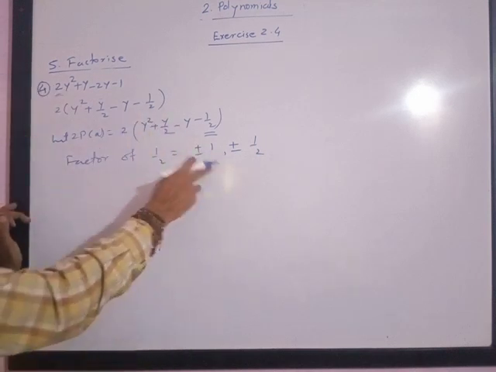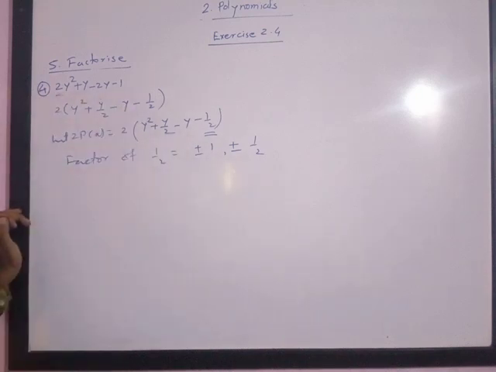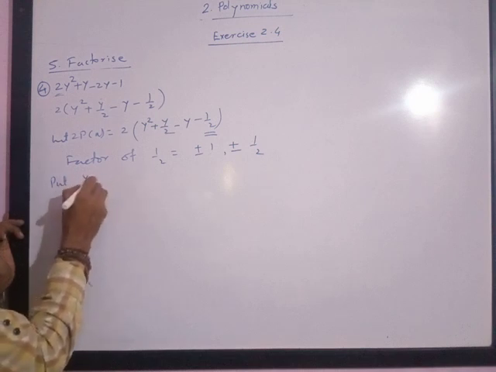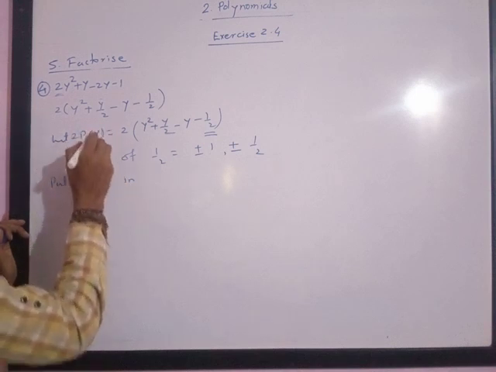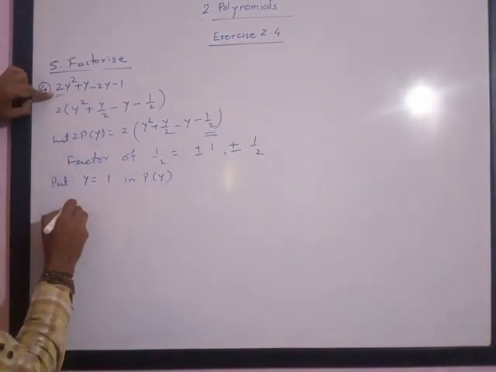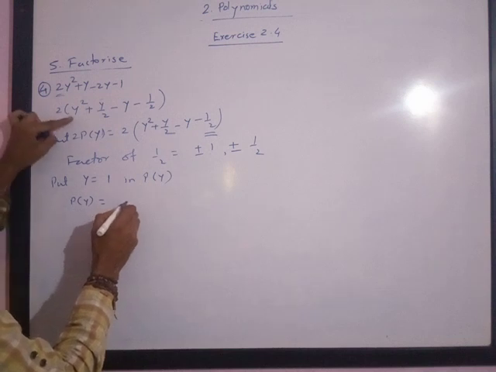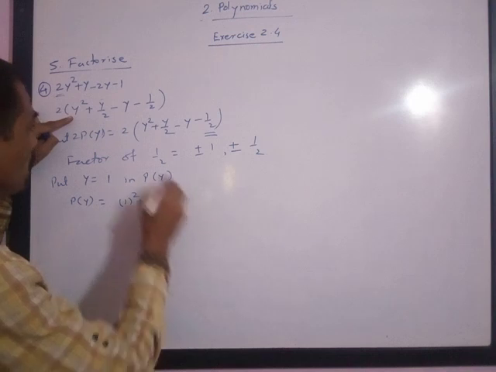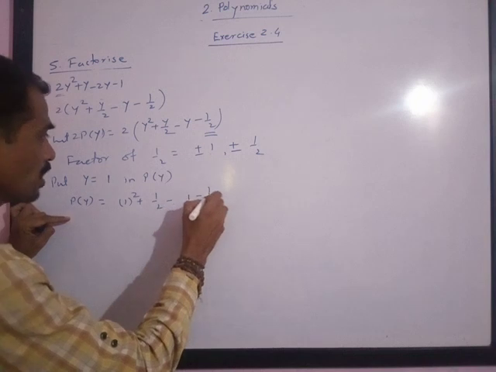So 1 upon 1 is nothing but 1. Let us try with this value. Put y is equal to 1 in p of y. So we will get 2 into p of 1 is equal to 1 square plus 1 upon 2 minus 1 minus half.